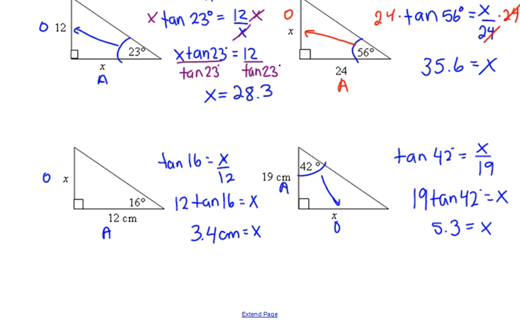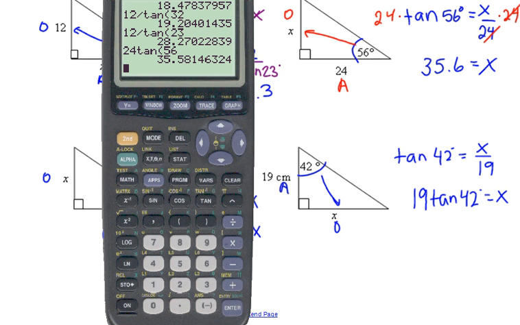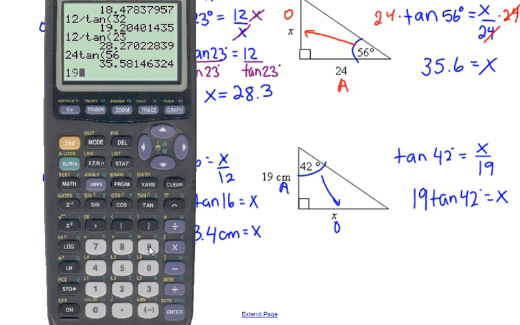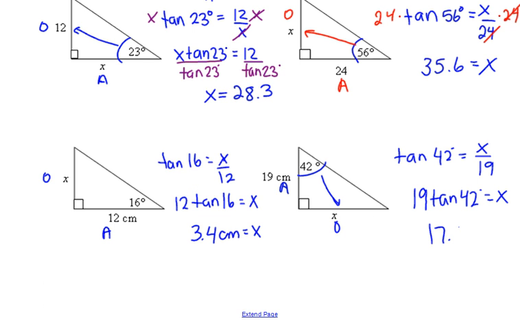What am I missing? No, that's not the correct answer. Are you in the right mode? It should be 17.1. Check that you're in the right mode, Brady, or that you typed it right. Okay, so that's what I would need to see.